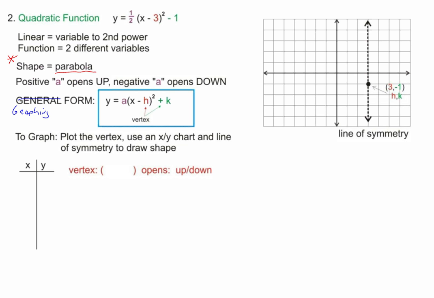Positive A, it opens up. So it would look like this, and you can draw this in. It would open up like that. Negative A is like what I threw with a ball, and it opens down. It goes like that. And we call the vertex on the first one that opens up a minimum, a min value. It's the lowest value of the function.